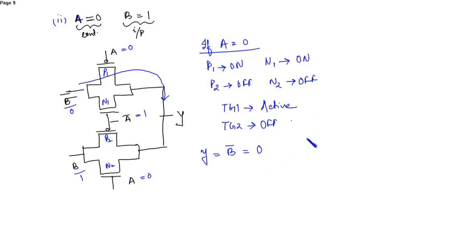So when A is equal to 0, B is equal to 1, then the output Y is equal to 0. The second condition is also verified. Now let's see the third condition.